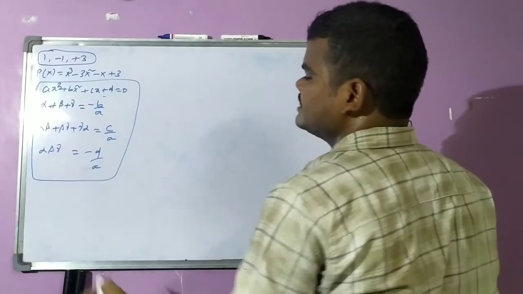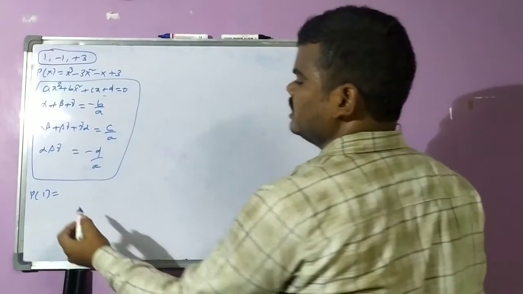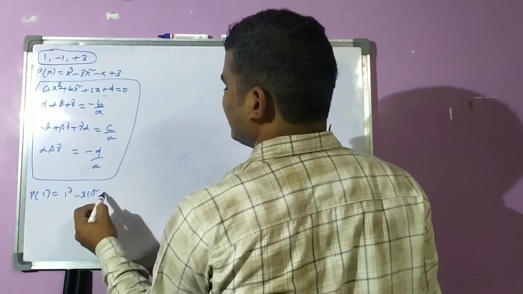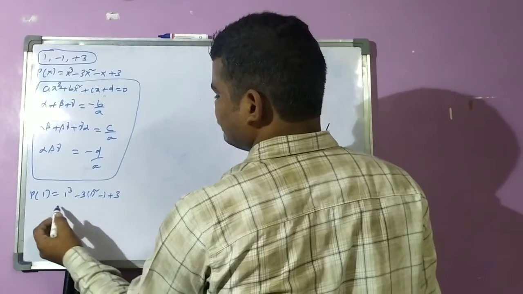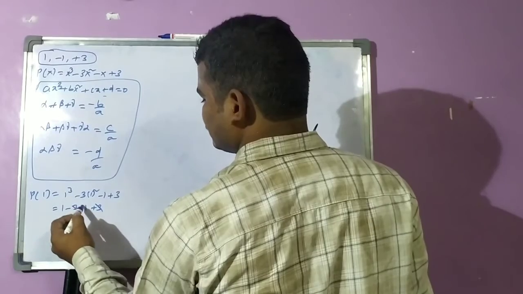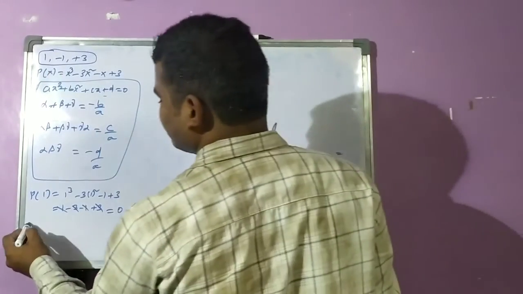Now check whether p of 1 is equal to 0 for the polynomial or not. So 1 cube minus 3 into 1 square minus 1 plus 3 gives 1 minus 3 minus 1 plus 3. This one and this one, this one and this one get cancelled, 0. So 1 is a zero of the given polynomial.